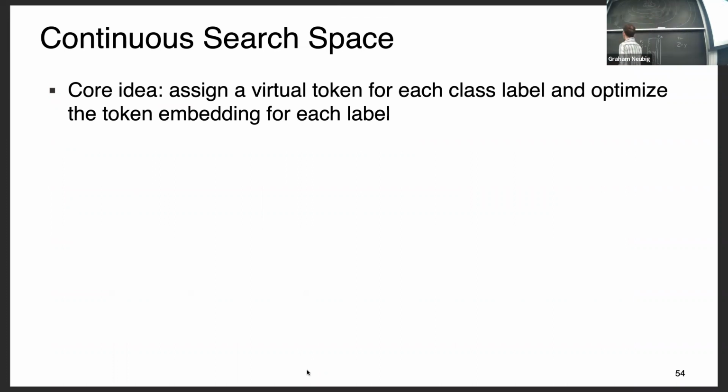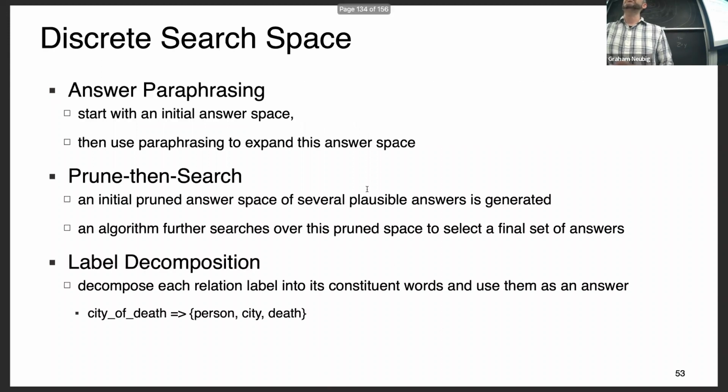Basically, you just redefine the softmax matrix. You might seed it with some reasonable inputs, or take the average of several reasonable tokens, but then you can fine-tune afterwards. And obviously, to do any of these search-based methods, you need at least a little bit of training data to pick the best result here.